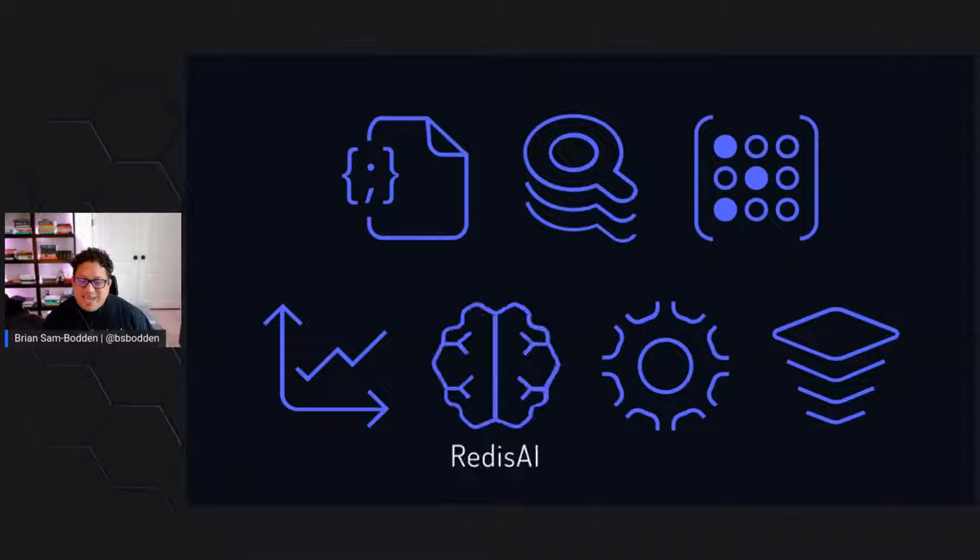There is Redis AI, which gives you the ability to deploy AI models and run inferences on Redis with the data that it's writing. Also heavily used for feature stores. We have also Redis Gears, which gives you a Lambda-like environment where you can run functions against your data.